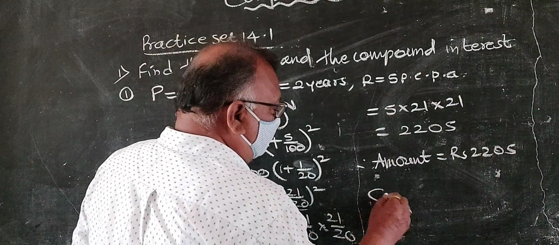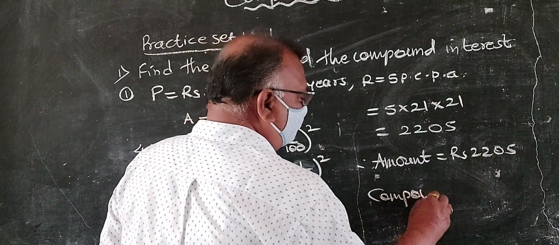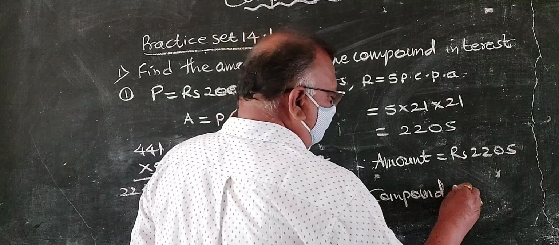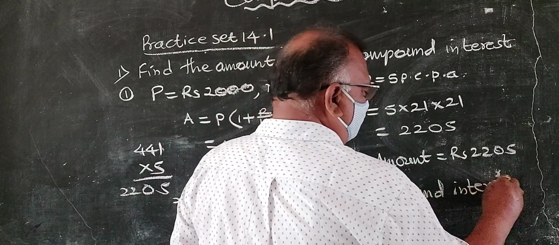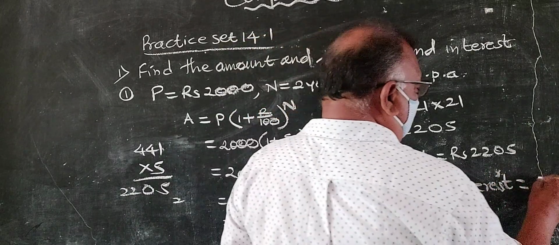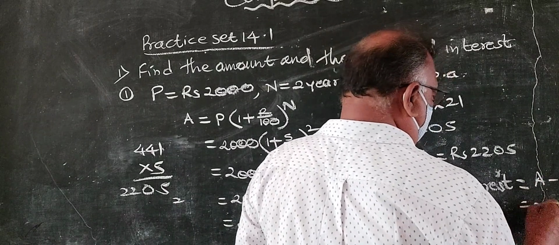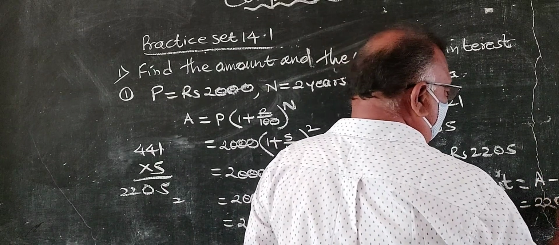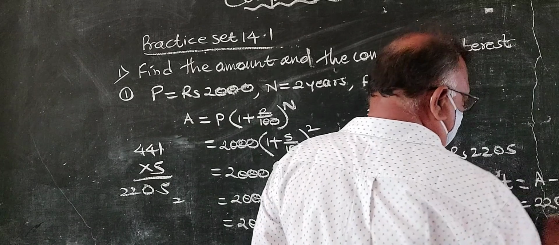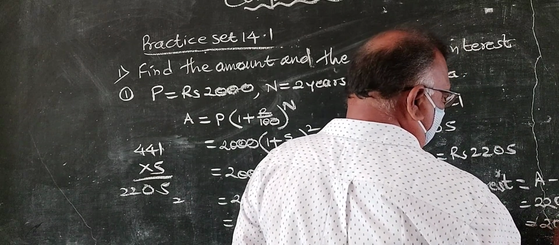So, compound interest is equal to amount minus principal. That is equal to 2205 minus 2000 and that is equal to 205.